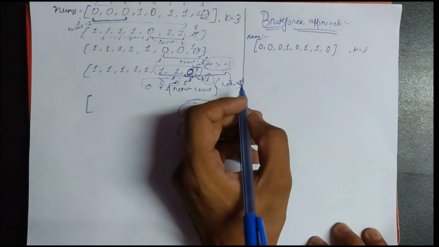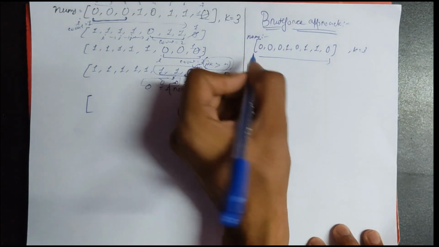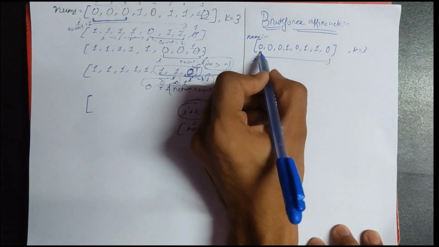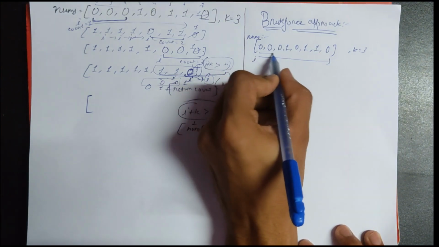Now the brute force approach is to simply traverse from left to right taking a pointer I, and at any point if we encounter a value which is not 1, which equals 0, we will swap the next k indexes.